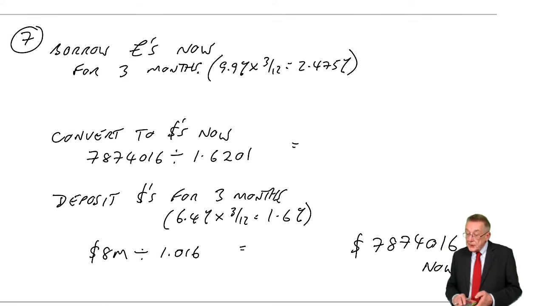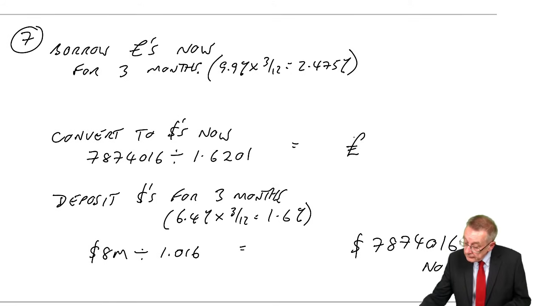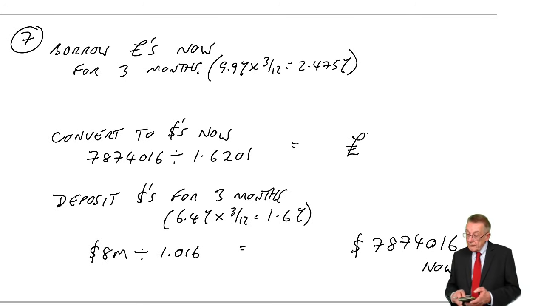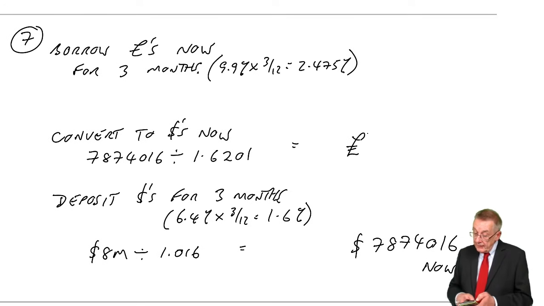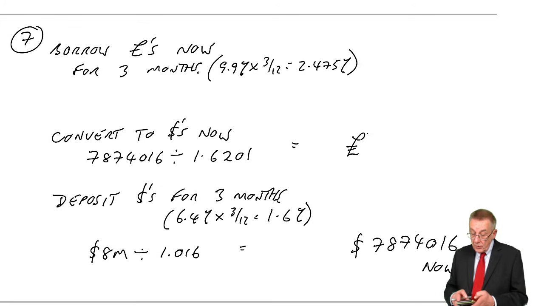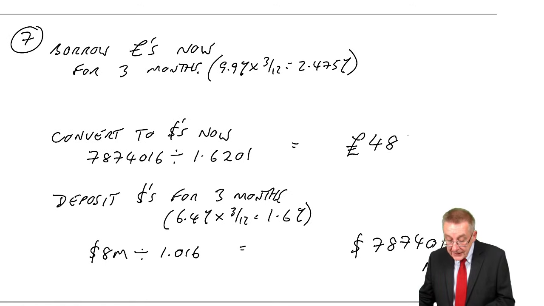So how many pounds do I need? $7874016 divided by 1.6201, 4860204.